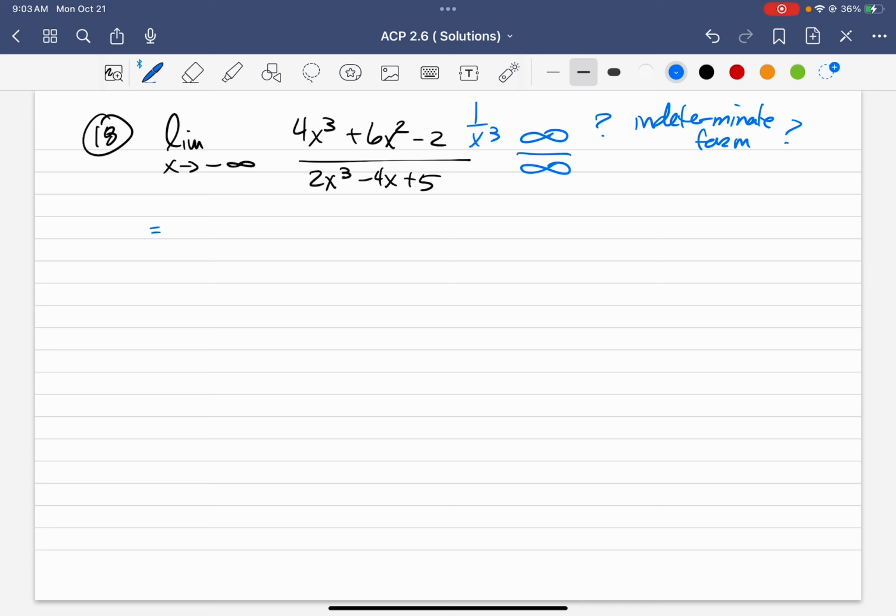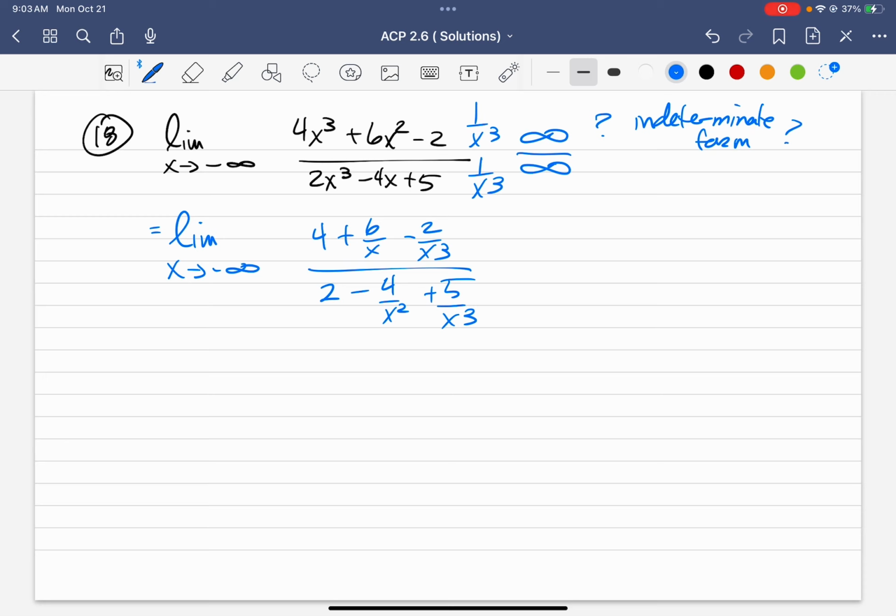In this case, I do 1 over the highest power, which again turned out to be 1 over x cubed. And you get 4 plus 6 over x minus 2 over x cubed, over 2 minus 4 over x squared plus 5 over x cubed. And now you let x get really large, but this time in the negative direction.